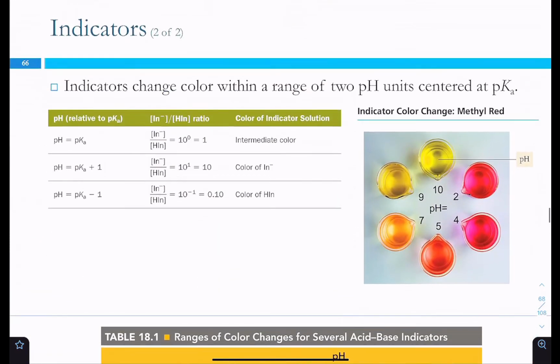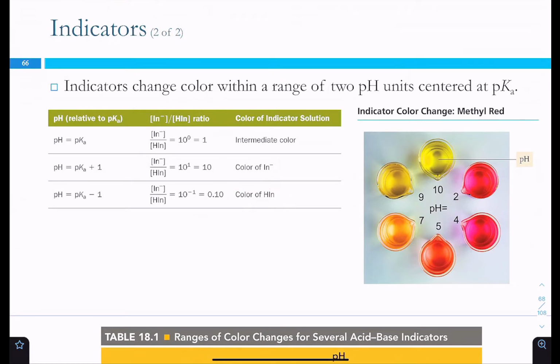So how do you pick an indicator? Well, the important thing to know about these indicators, because they are weak acids, is that their effective range is similar to what a buffer's effective range is. Because we're switching from maybe the deprotonated form to the protonated form, or vice versa.